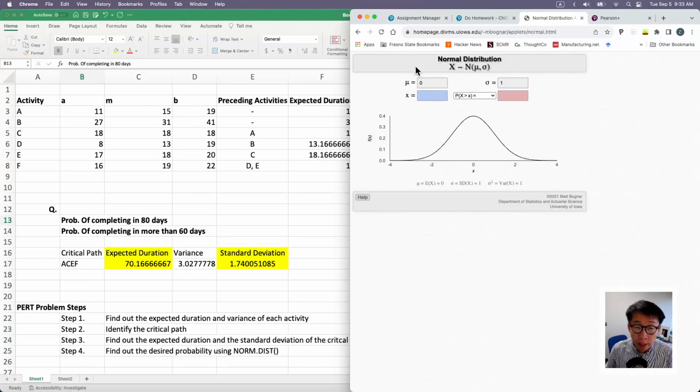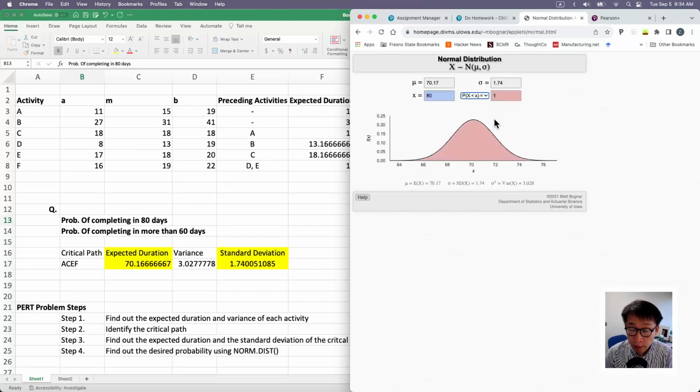Okay, if the expected duration is 70.17 and standard deviation is 1.74, and you want the area all the way up to 80s, okay, so all the way until 80s.